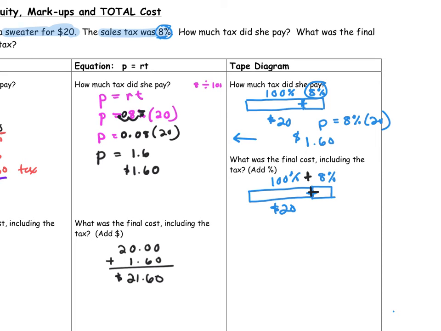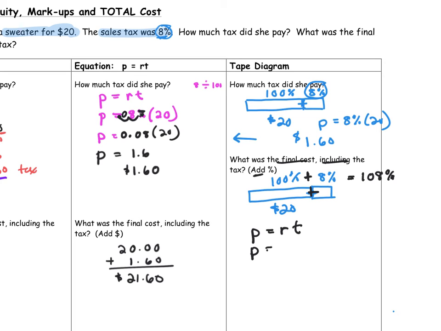We're going to add the percents before we begin. And that would be 108%. And when we work with sales tax and discount, we subtract part of them, the percent that they give us. But in this case, we're adding it. It's including the tax. So our new equation would look like this, and this only works if they're asking us to find the total or final cost.